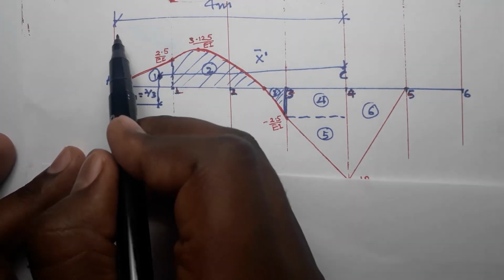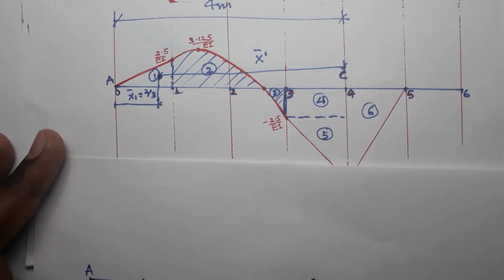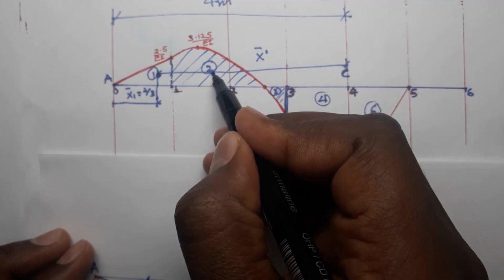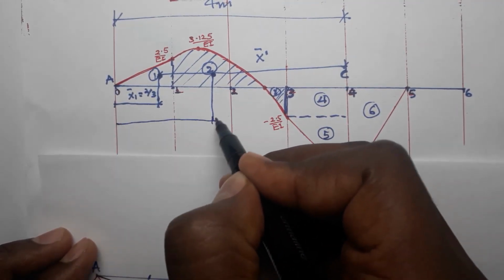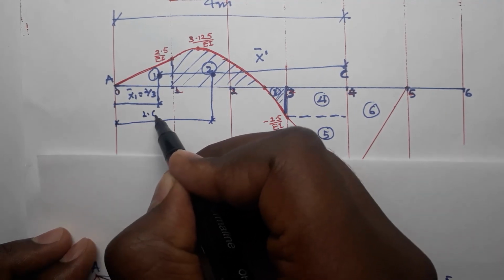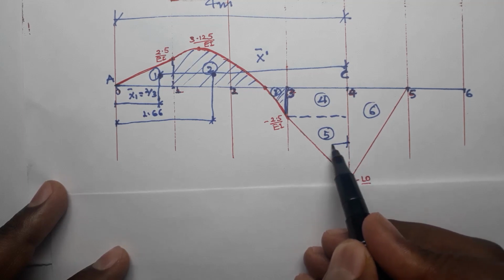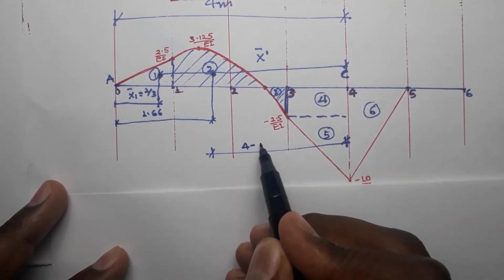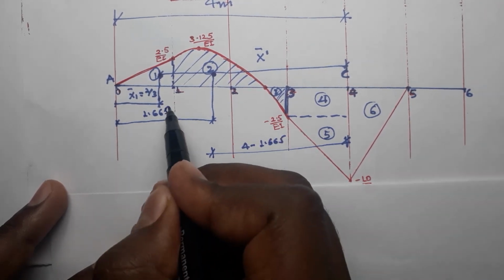For this one, we know the distance from here up to the centroid. Again, for area 2, it is somewhere here. From here up to here, it is 1.66 something. So I will measure from here up to here. It will be 4 minus 1.665, and this one is 5.